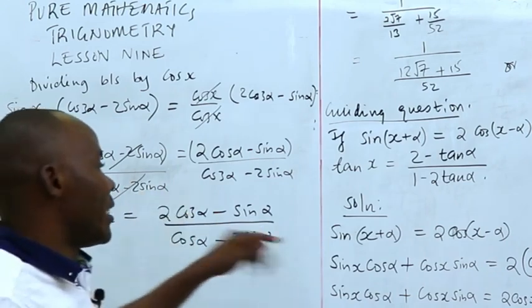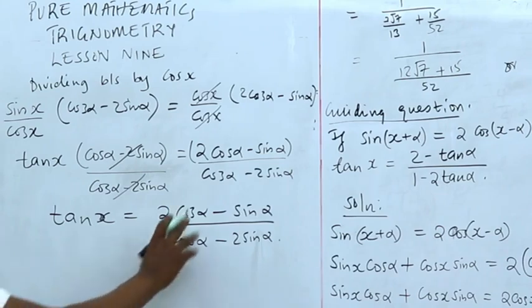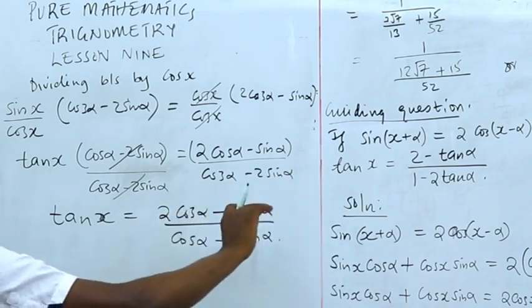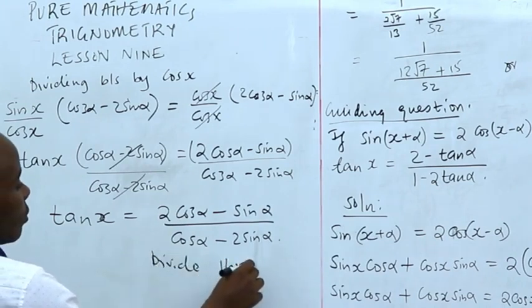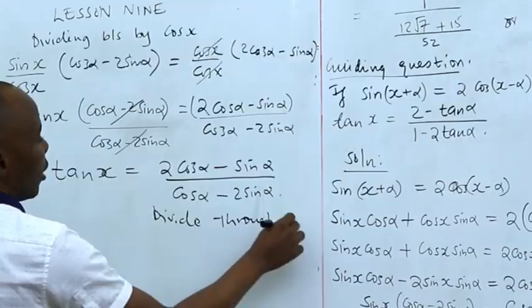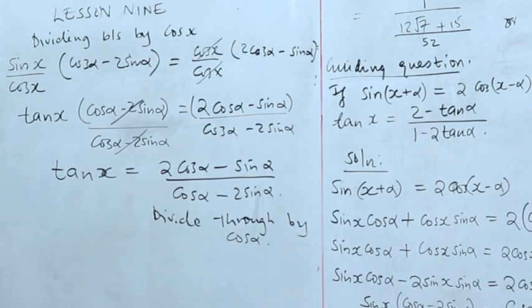But what they want is in terms of tan alpha. So what you do, on the right hand side, you divide through by cos alpha. Okay?